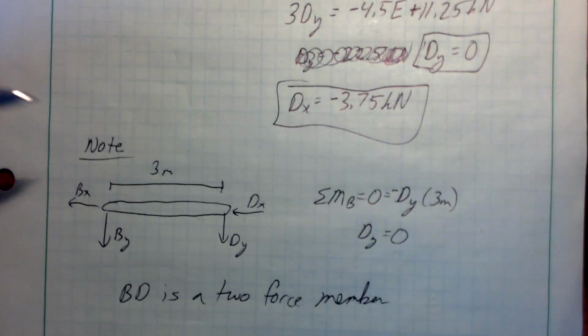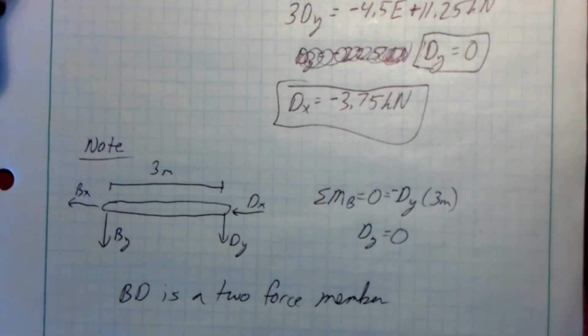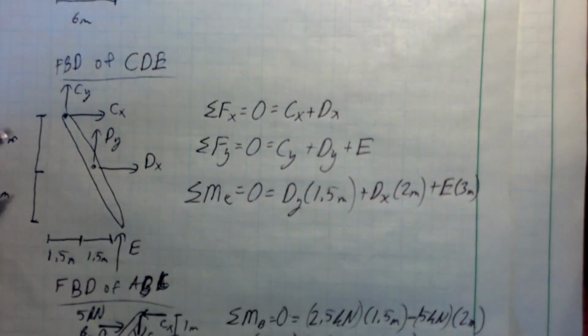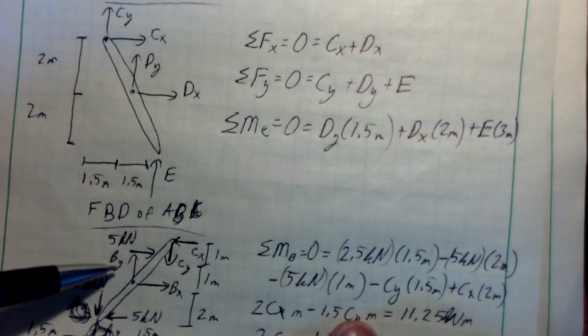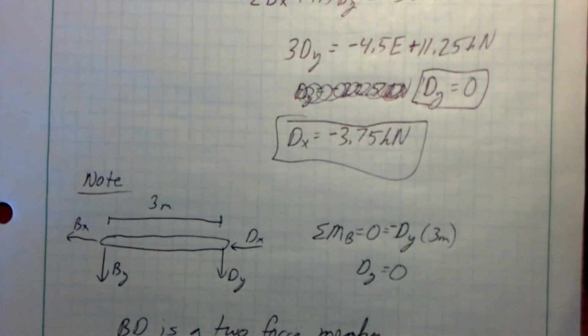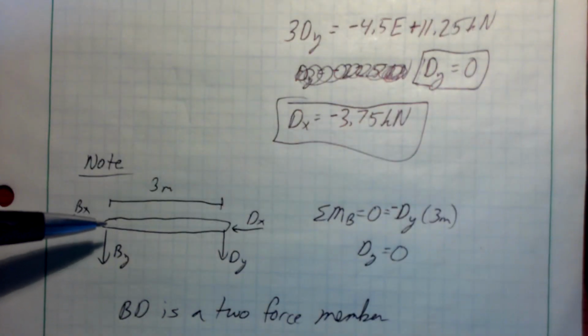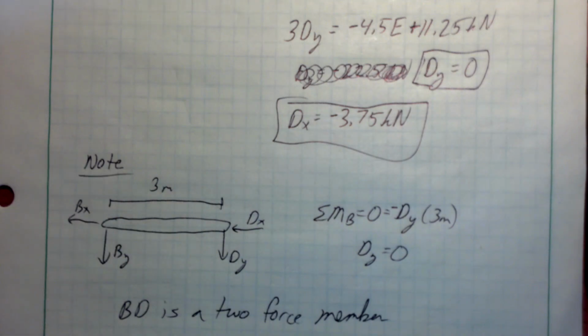Here's one. If I draw the free body diagram of B, again, remember, on our other free body diagrams, I've drawn D pin force as positive, and here I've drawn B pin forces as positive. So I've drawn both of them positive once. I'm going to draw them both negative now because I'm looking at the other side of that pin. So when I put these together, they'll cancel out with the ones I've already drawn.